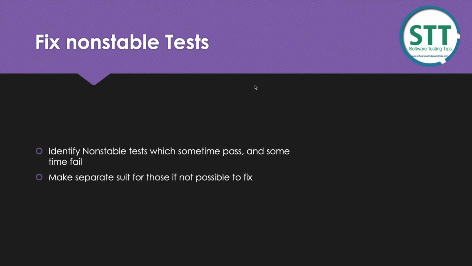To fix that, you can either put in some scenarios to make sure it won't fail, or you can remove some scenarios which are not necessary and are causing trouble, or otherwise you can make a separate set for those kinds of tests.